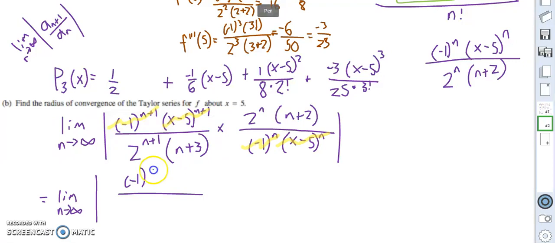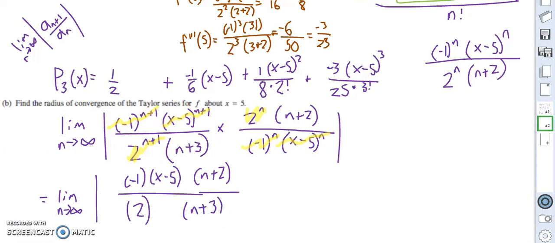That's just going to leave x minus 5 on top. And I have a 2 to the n, which is going to get canceled out by part of that 2 to the n plus 1. It's just going to leave a 2 on bottom. And all that I have left over is n plus 2 and n plus 3.